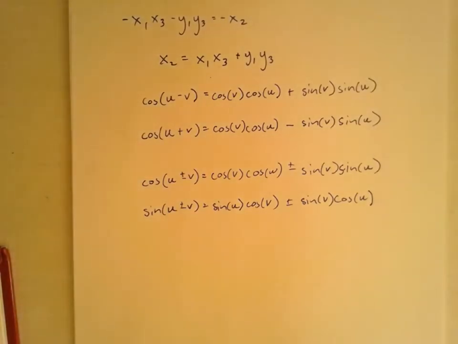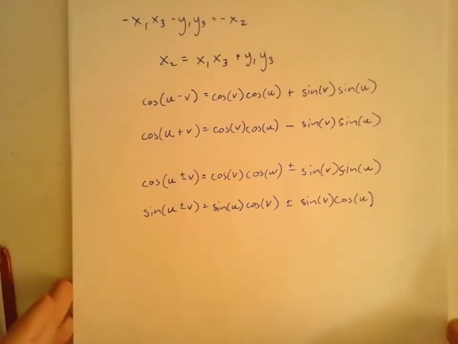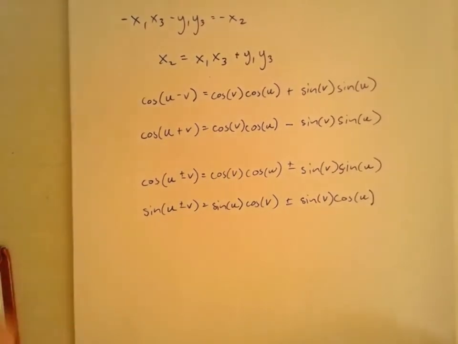And what we can do from here is use this cosine and sine sum and difference to prove tangent's sum and difference. So just like everything else involving tangent, right? Tangent is always sine over cosine, right?